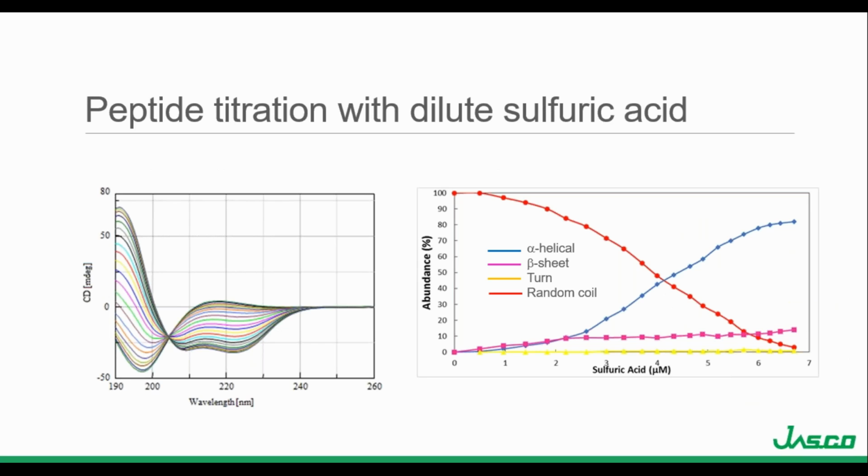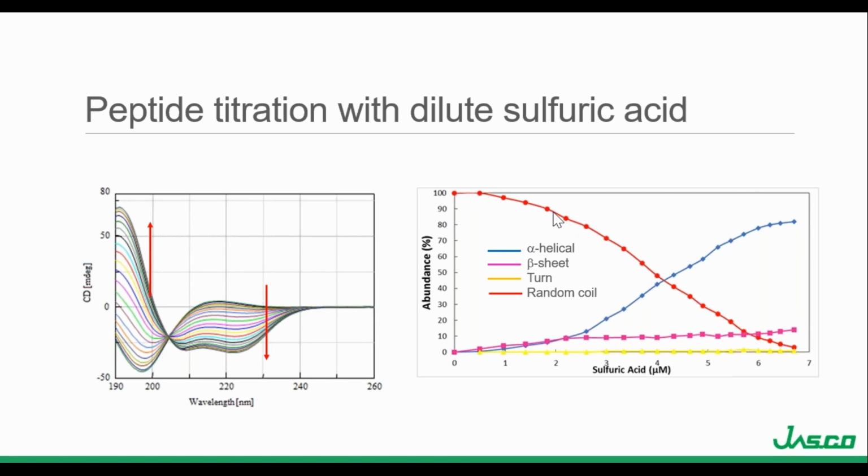So in this application, dilute sulfuric acid was titrated into a polyglutamic acid sodium solution, and the changes in the secondary structure were quantified. This figure on the left shows that as dilute sulfuric acid is added to the peptide sample, the peak below 200 nanometers increases and the peak above 200 nanometers decreases in intensity.